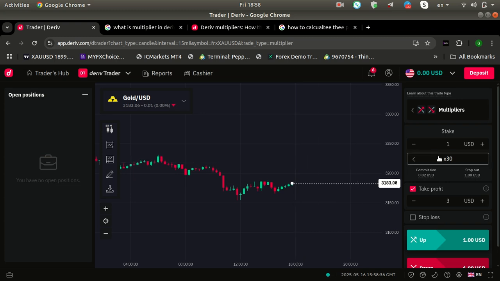Then when you are more familiar with this platform and with the calculations, you can make wise choices on which multiplier to pick. Alright, so there you have it. You now know what Deriv Multipliers is and how to use it.